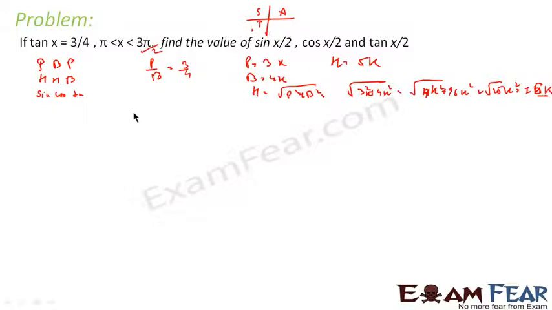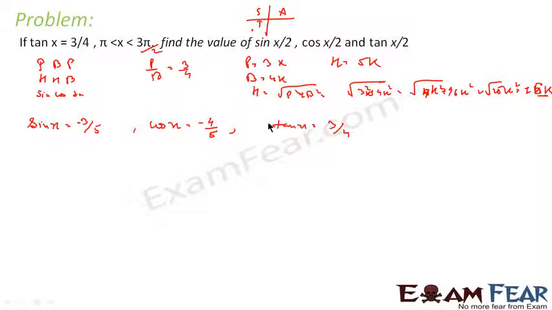So we'll have sine x is equal to p by h, that is minus 3 by 5. Cos x is equal to b by h, that is minus 4 by 5, and tan x is equal to 3 by 4, given. So we have sin x, cos x and tan x.